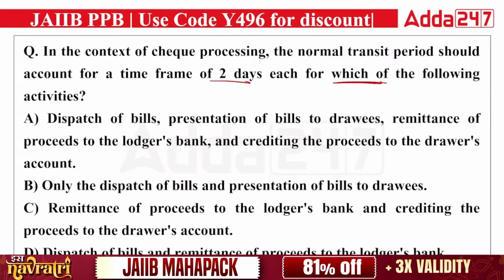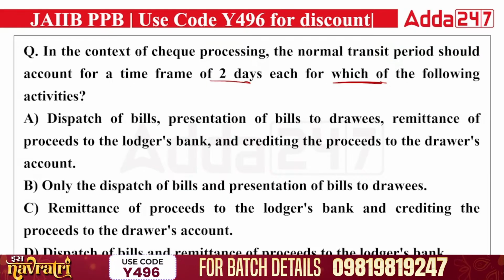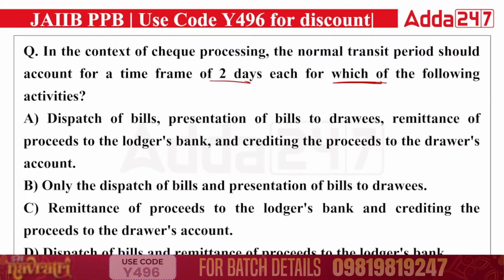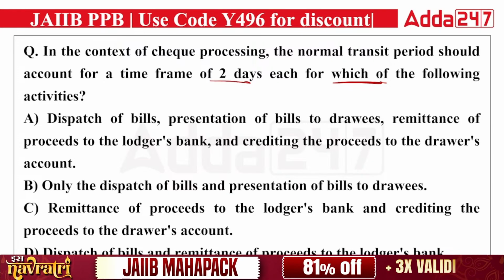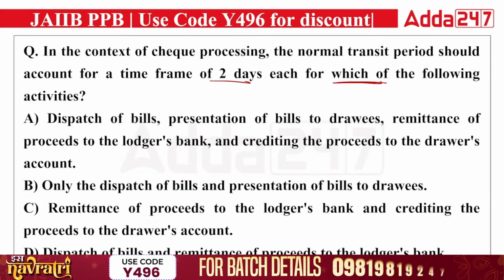Second is saying only the dispatch of bills and presentation of bills to drawers, remittances of proceeds to the lodger's bank and crediting the proceeds to the drawer's account. Fourth is saying dispatch of bills and remittance of proceed to the lodger's bank. So what do you think, which one is correct here? A, B, C or D?